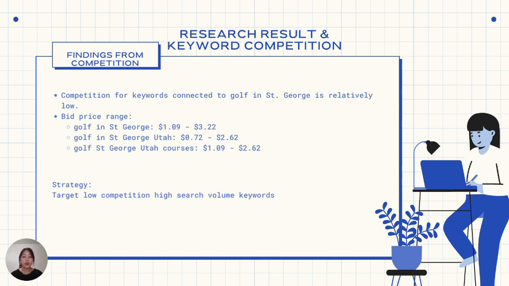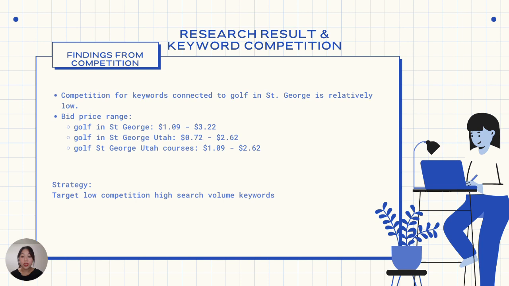Through research and keyword competition analysis, we were able to find that competition for keywords in connection to golf in St. George, Utah is relatively low. Based on Google Keyword Planner, we found that bid prices for the keyword golf in St. George range from $1.09 to $3.22.